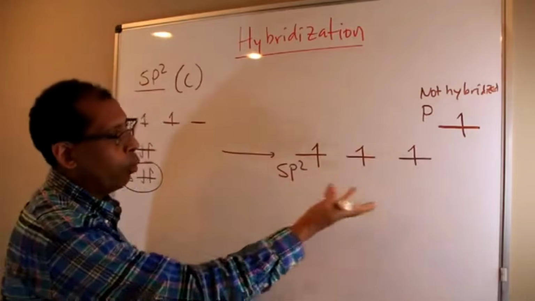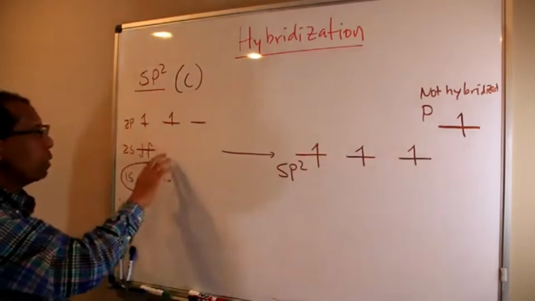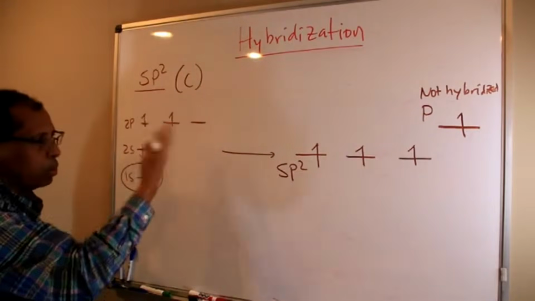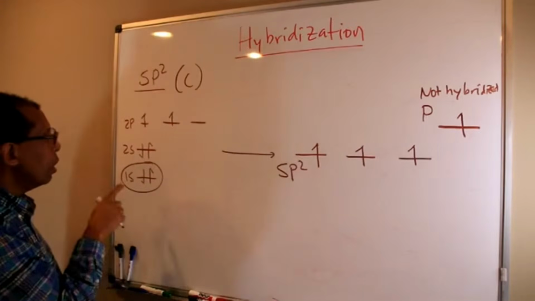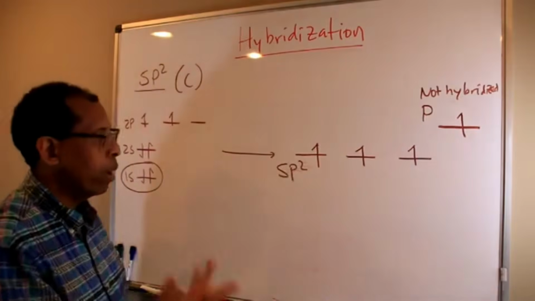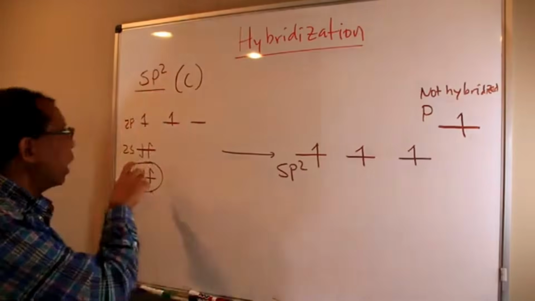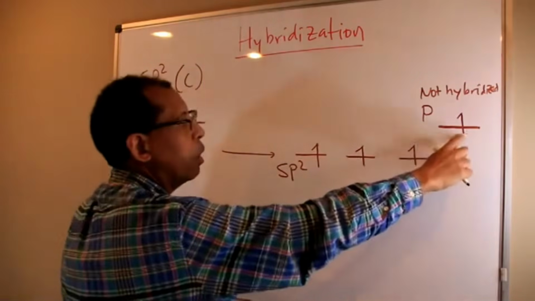So this is how sp2 hybridization happens from a ground state of carbon, for example. It could be oxygen; you can do the same hybridization pattern, but here carbon undergoes sp2 hybridization like we have seen in sp3. So there are now 3 sp2 orbitals and 1 p orbital.